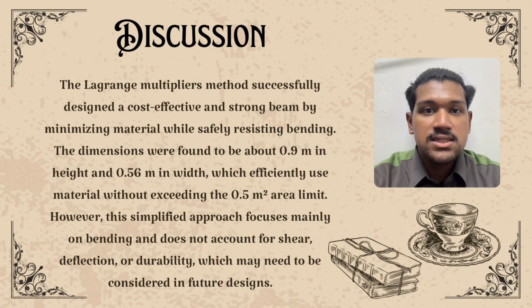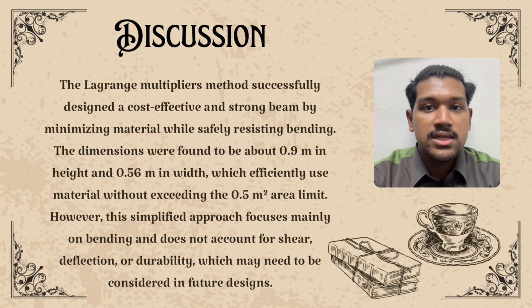For the first part, the discussion. The Lagrange multiplier method successfully designed a cost-efficient and strong beam, minimizing material while safely resisting bending. The dimensions we found are about 0.9 meter in height and 0.56 meter in width, which efficiently use material without exceeding the 0.5 square meter area limit.